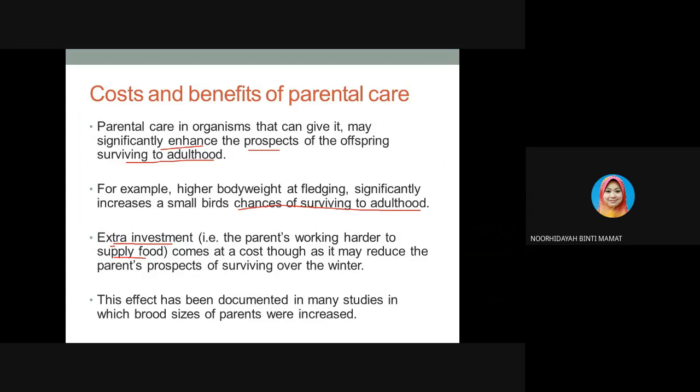The extra investment comes at a cost, though, as it may reduce the parent's prospect of surviving over the winter, right? This effect has been documented in many studies in which brood sizes of parents were increased. So this is actually the cost and benefit of parental care.